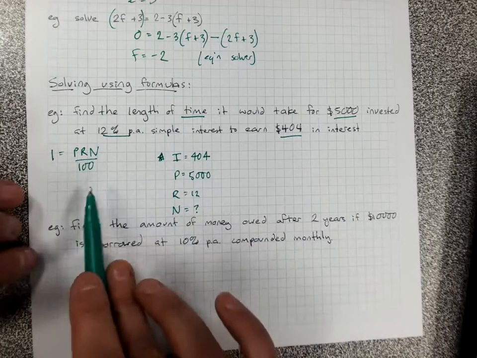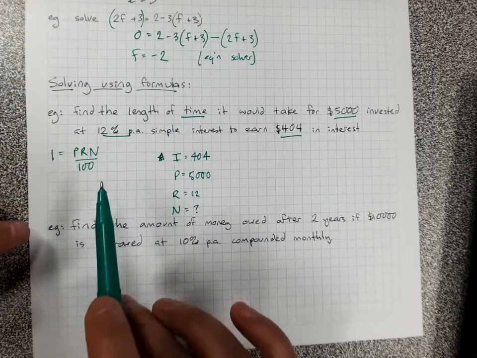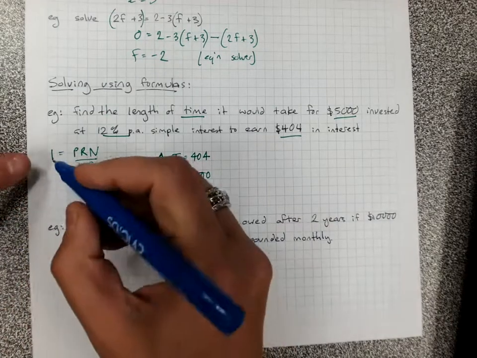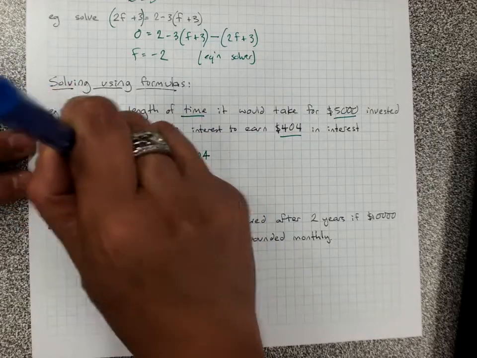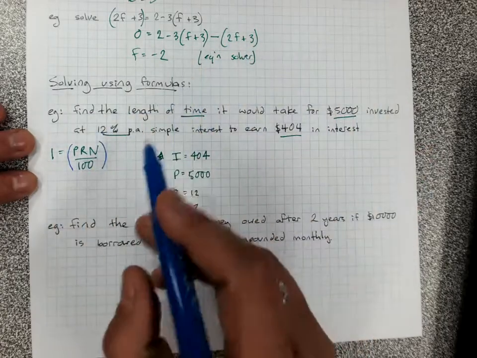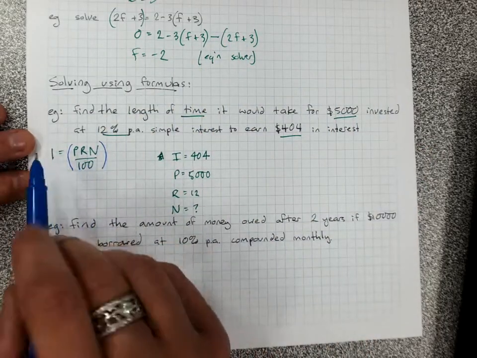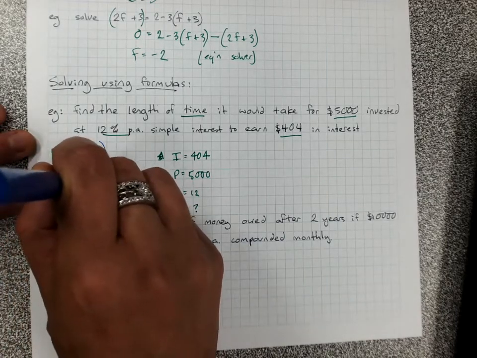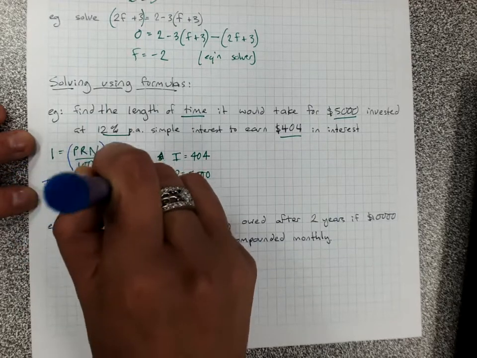Now we need to get this into our equation solver. And the easiest way to do it is put brackets around the whole right-hand side, because there's only one thing here. And I'm going to take this away from that side. I minus PRN on 100 equals 0.